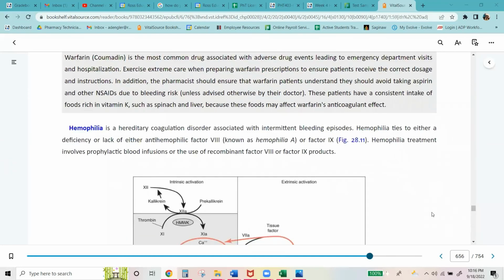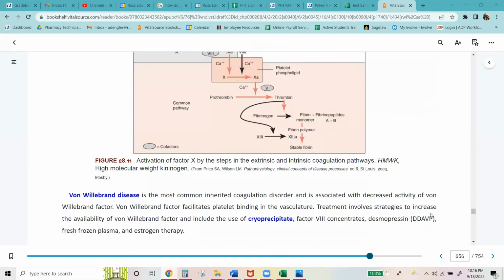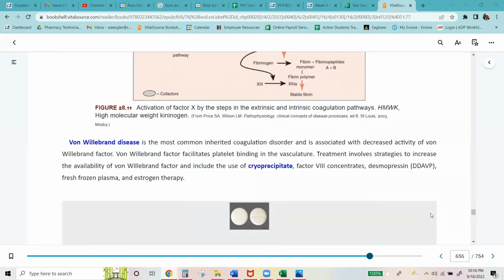Hemophilia treatment involves prophylactic blood infusions or the use of recombinant factor 8 or factor IX products. Von Willebrand disease is the most common inherited coagulation disorder and is associated with decreased activity of von Willebrand factor. Von Willebrand factor facilitates platelet binding in the vasculature.